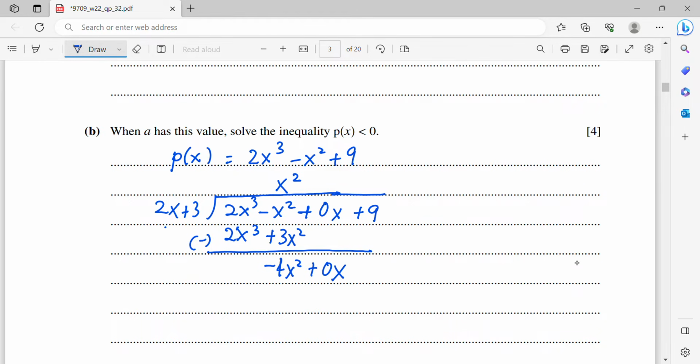Now, to get minus 4x squared from 2x, we need to multiply 2x by negative 2x. So negative 2x times 2x, you'll be getting negative 4x squared. Then negative 2x times plus 3 will be minus 6x. Okay, then subtract. So now the first term will be 0.